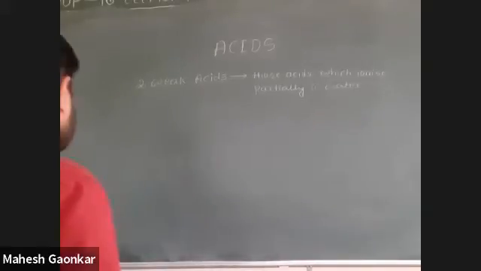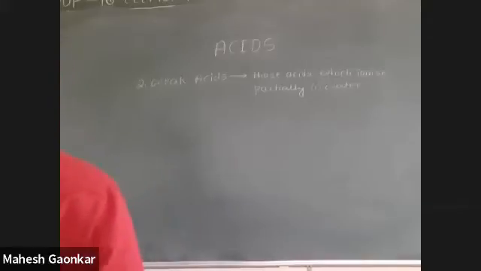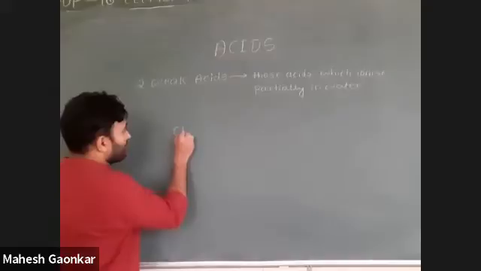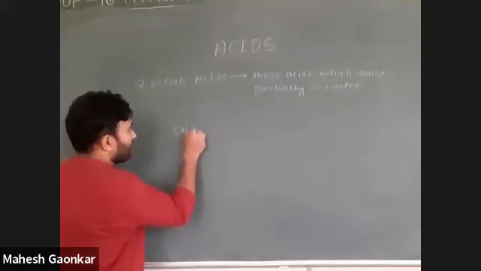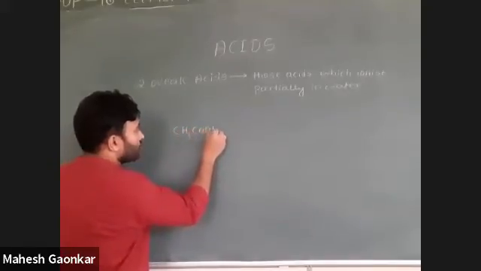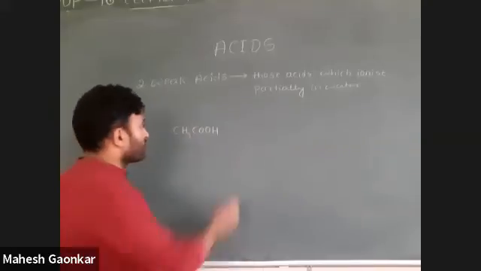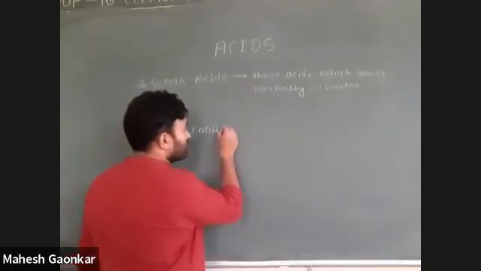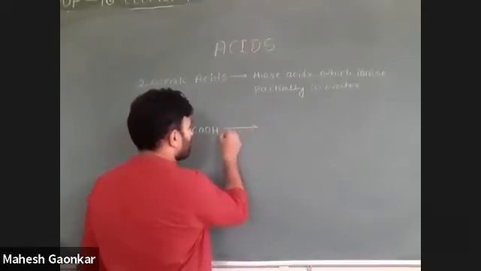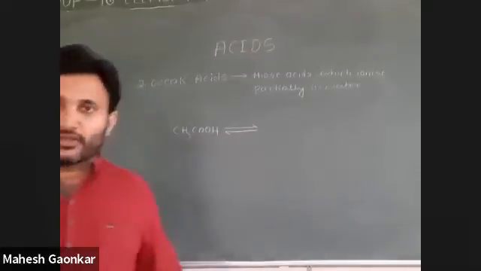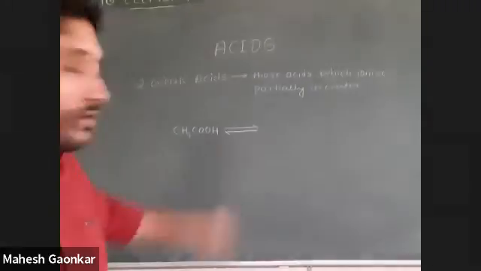So how can we represent these weak acids? Say for example CH3COOH. If it ionizes partially, then we represent it like this. This is also called reversible.